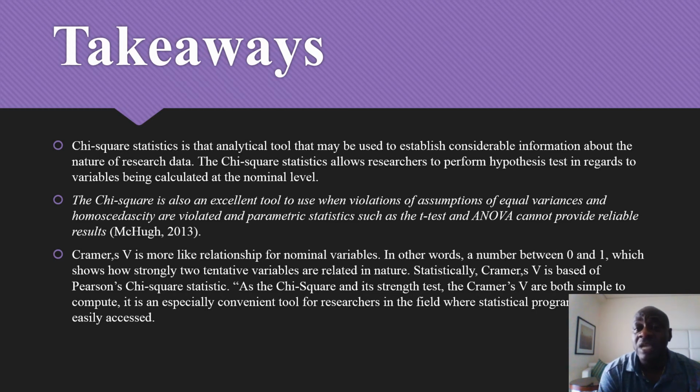In other words, a number between 0 and 1, which shows how strongly two nominal variables are related. Statistically, Cramer's V is based off Pearson's chi-square statistic. As the chi-square and the strength test, Cramer's V are both simple to compute. It's an especially convenient tool for researchers in a field where statistical progress may not be easily assessed.